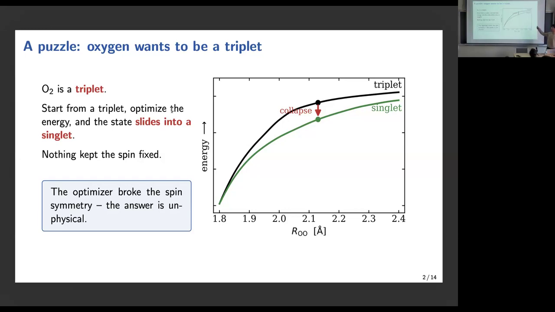Even though you start with a triplet state, and you know that the ground state is also a triplet state, the optimizer kind of collapses onto the singlet, and the state that you're left with is just unphysical, and you want to do something about it.